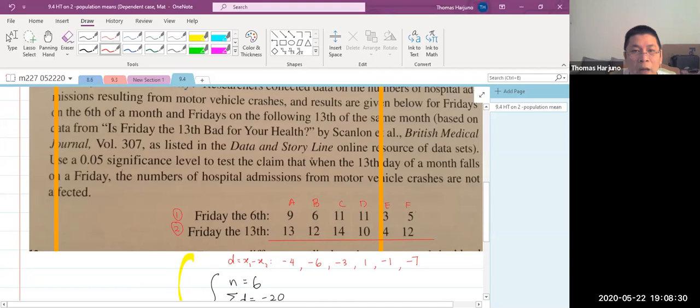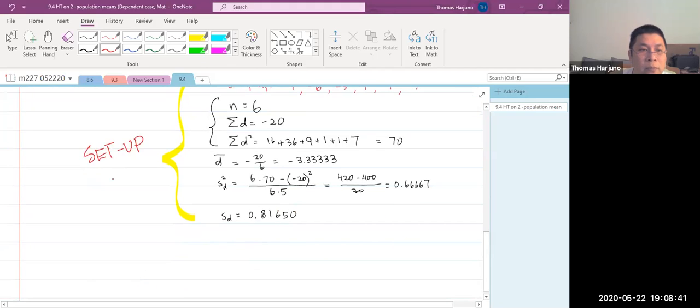Test the claim that when the 13th day of a month falls on a Friday, the number of hospital admissions from motor vehicle crashes are not affected. So that's a long claim though.